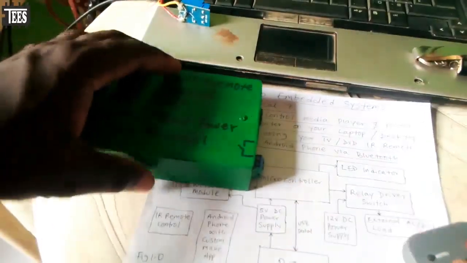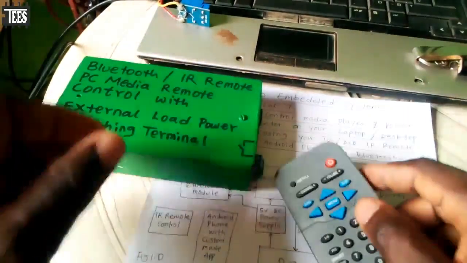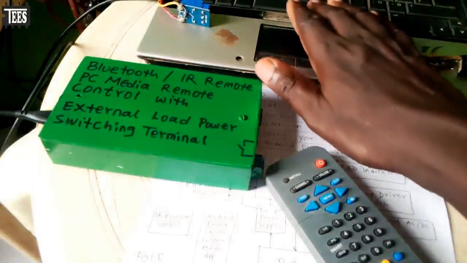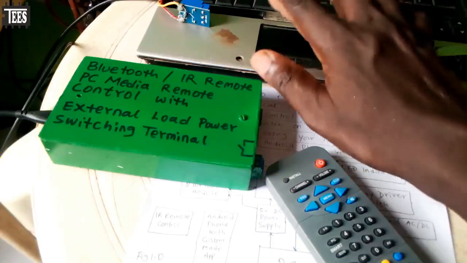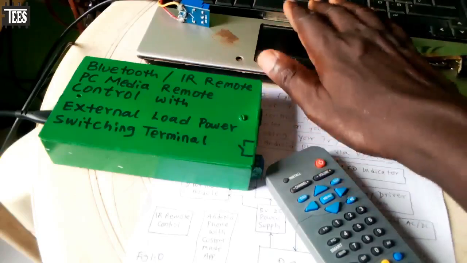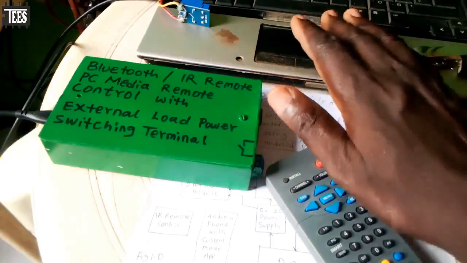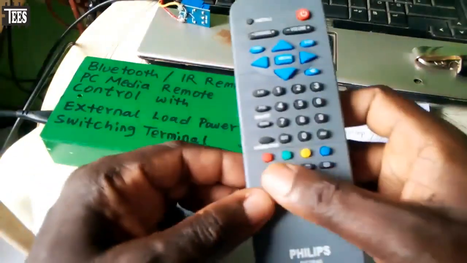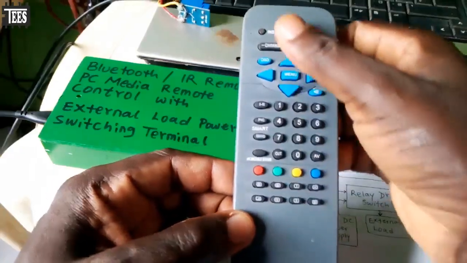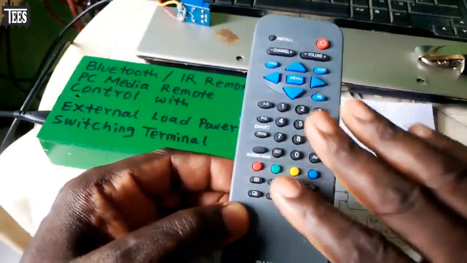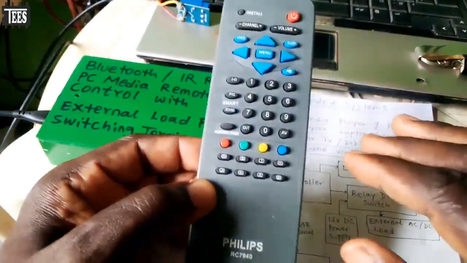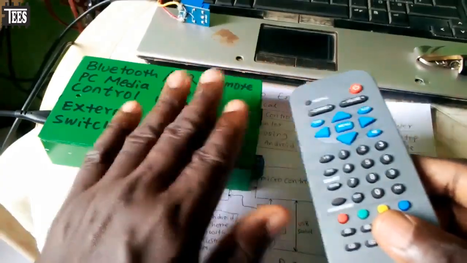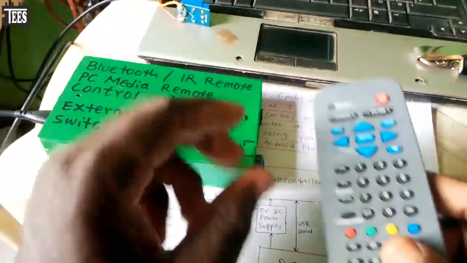So with this, instead of coming down and pressing the space bar for play and pause, if I'm using VLC media player on my computer, I can press this to play and pause. So I wrote a program for these buttons so I can use them on the computer.